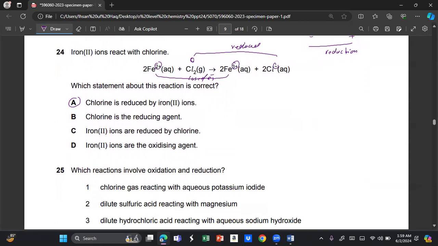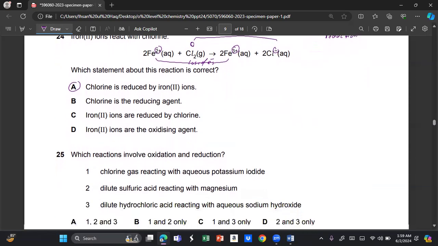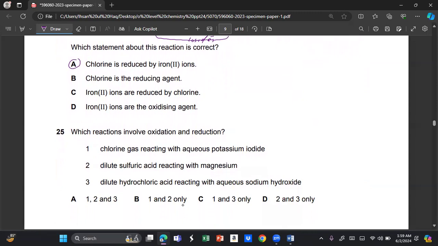Which reactions involve oxidation and reduction? Chlorine gas reacting with aqueous potassium iodide. Chlorine when it reacts with aqueous potassium iodide, I'm not writing the state symbols, will give us KCl and iodine. Thus, the oxidation state of chlorine is 0 here. Here it's -1. Balance it.